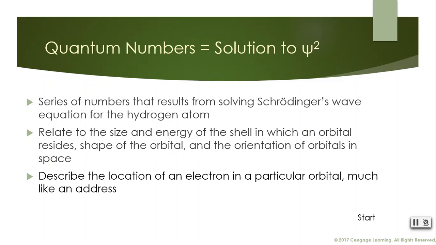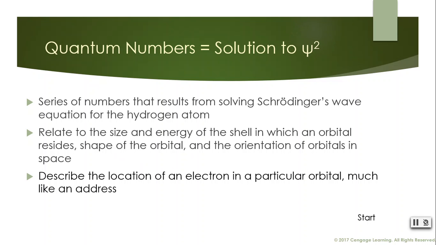So it's this wave function, specifically the square of the wave function, that relates size, energy, and shape and orientation of this area of space where an electron is.